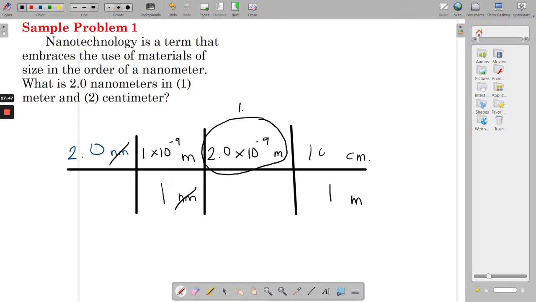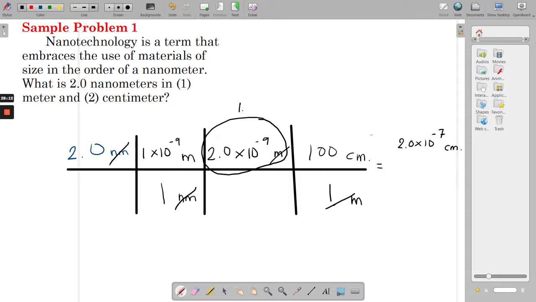And we know that there are 100 centimeters in 1 meter. So we then just cancel the units and multiply 2 times 10 raised to negative 9 by 100. And then the answer would be 2.0 times 10 raised to negative 7 centimeters.